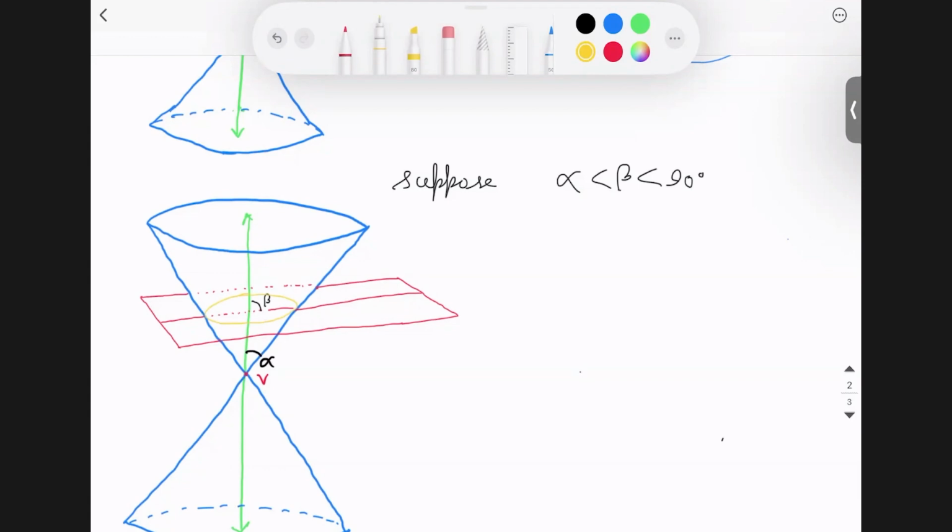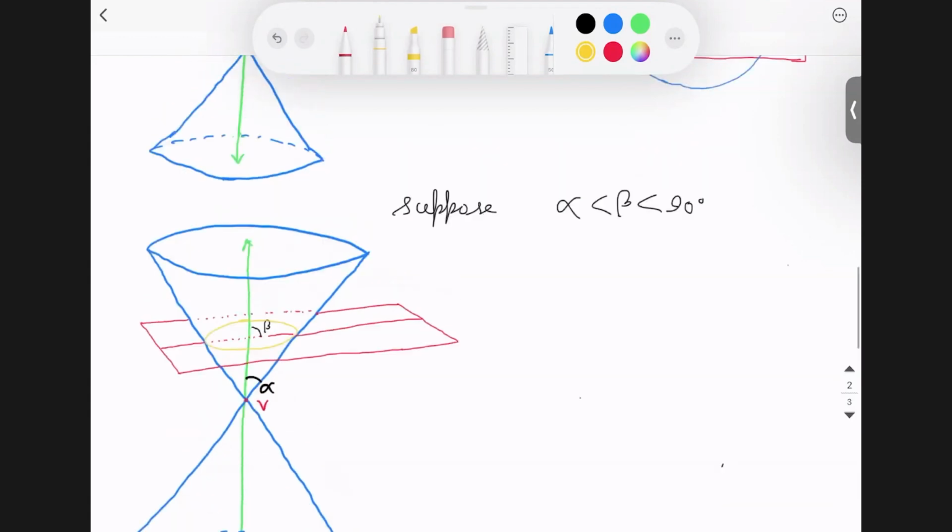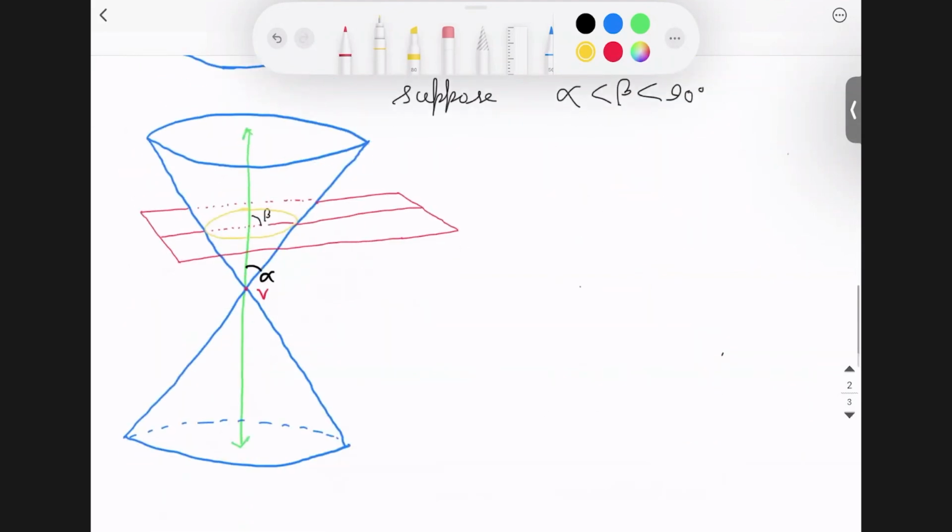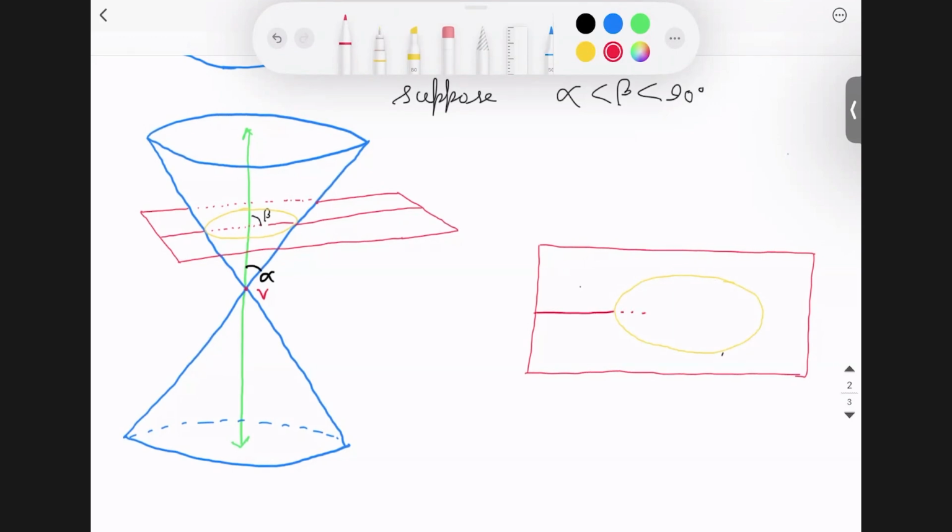So how it looks in the plane, I am not drawing the other parts, I am just drawing the plane and only the figure. So the plane will be like this. And the figure will be like this. I am not drawing the blue sections and all these things.